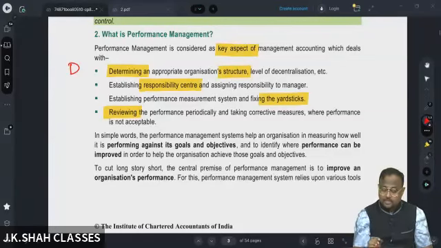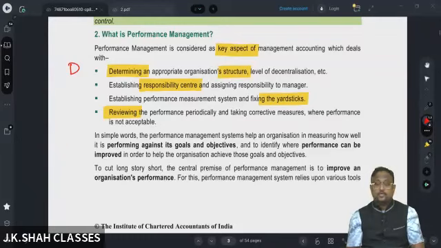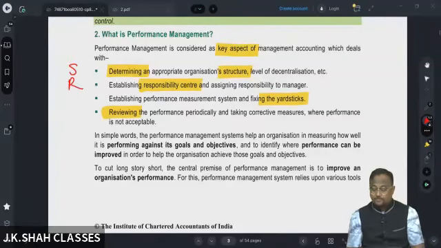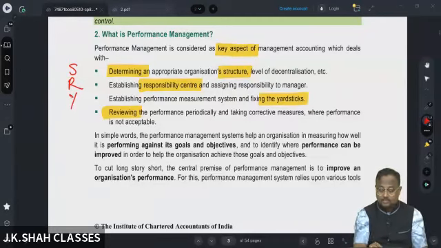So first one is determining the appropriate organizational structure. The first thing is structure. Second one is responsibility. Third one is yardstick. And the fourth one is review.